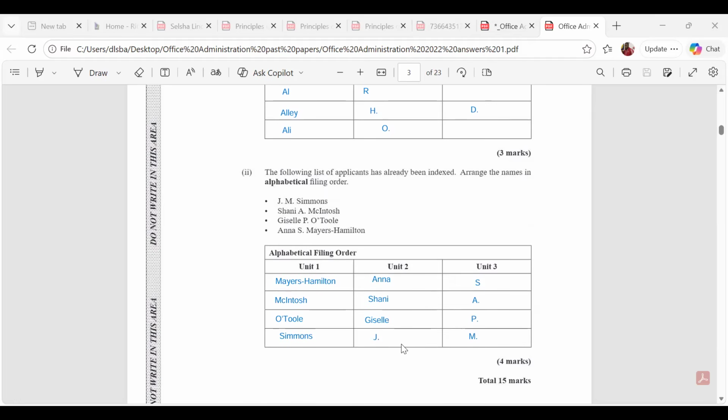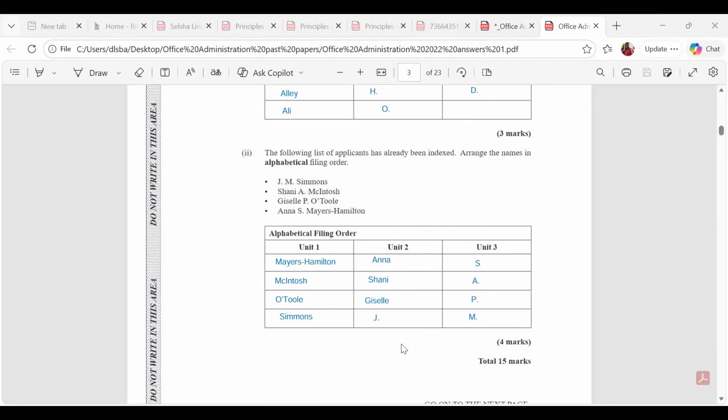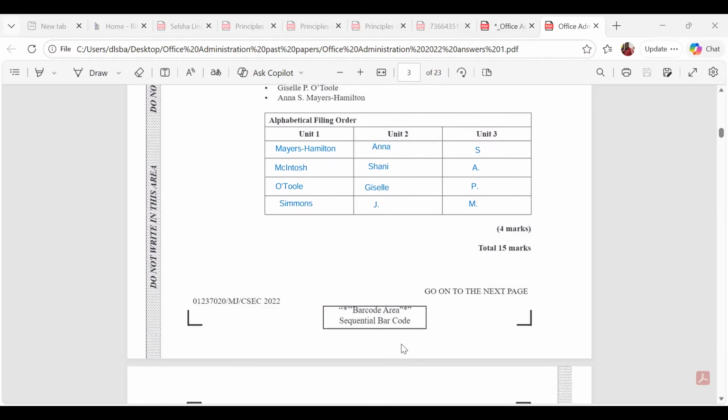Last name, first name, middle name. You remember, just the initial for the first name, still last name, first name, middle name.